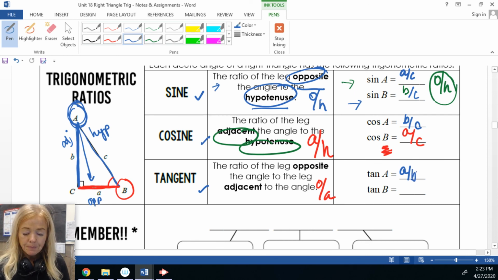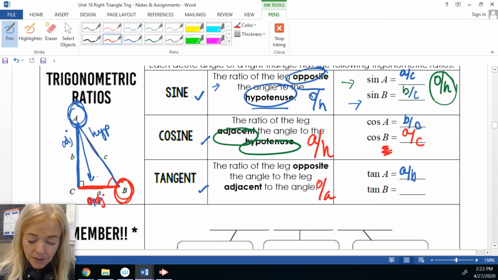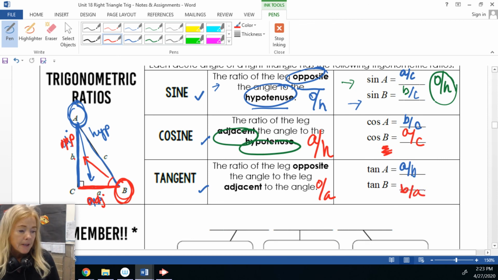A over b, for tangent A. Then next we're looking at the blue B. So this all of a sudden is adjacent, and this is opposite. So the tangent of B is going to be opposite b over adjacent a. All right, so that is how we figure them out.